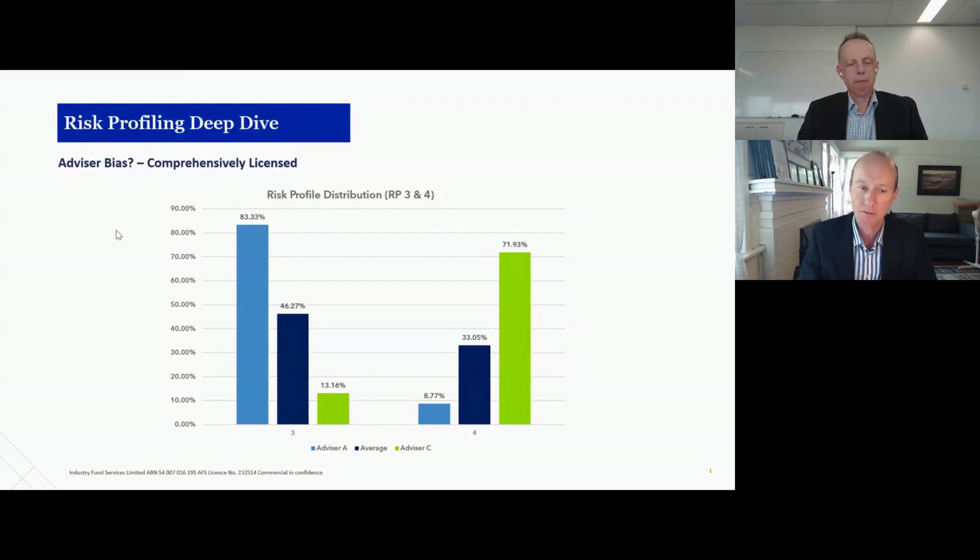All those advisor A clients, 83% in category 3, did they get a choice to go, well, you know what, you could have got a slightly higher return over here, but for a slightly higher risk? Would you have? Does that actually sound more appropriate for you and your needs? So that's not part of the current process, is it? No, not really. I think it's, this is where you ended up. Here's a summary of that.